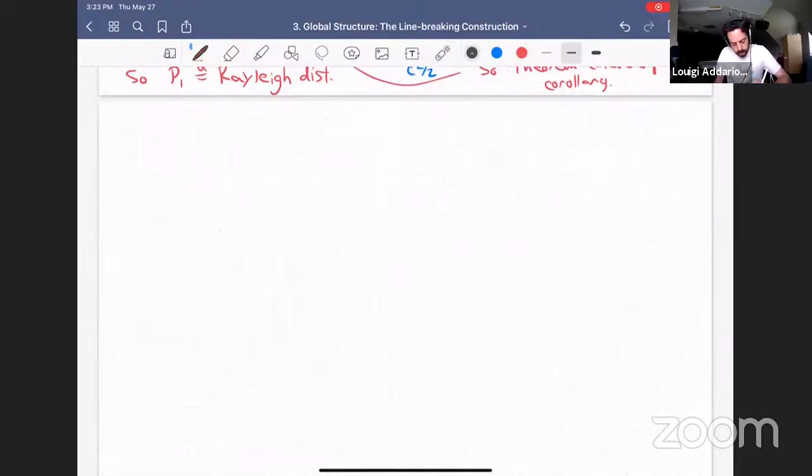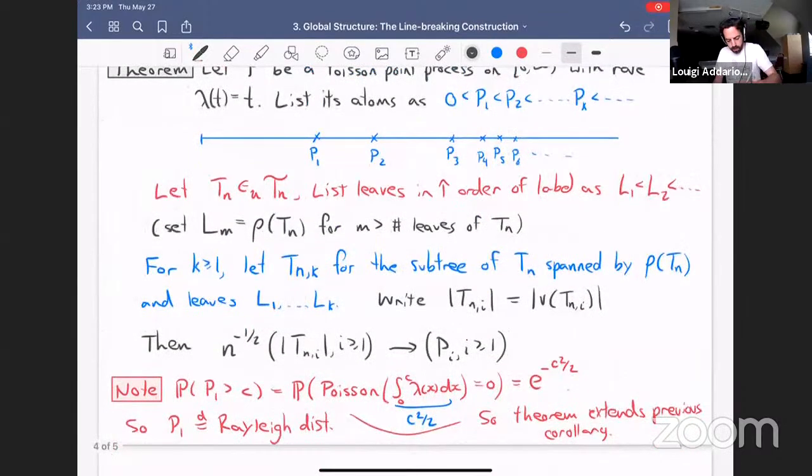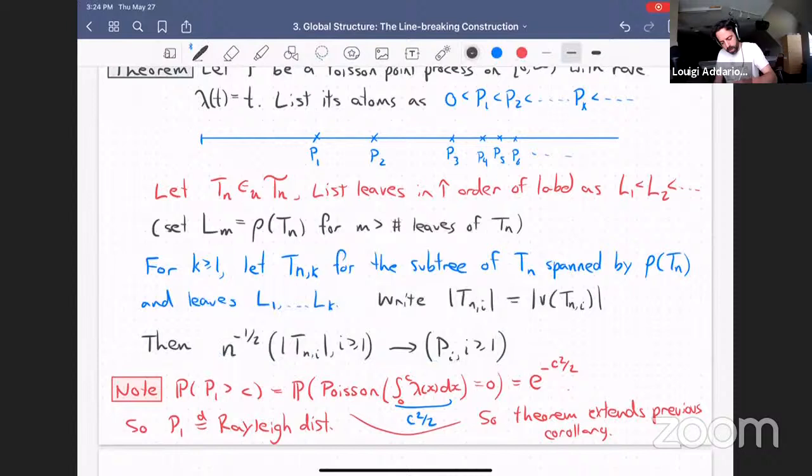Okay, so right, we're trying to prove this statement that this vector of subtree sizes converges, and this is in the sense of finite dimensional distributions.